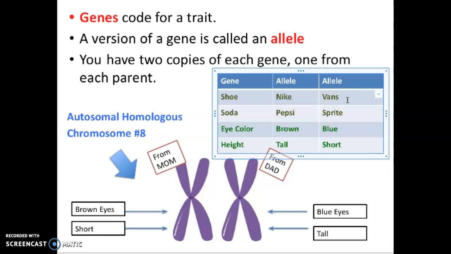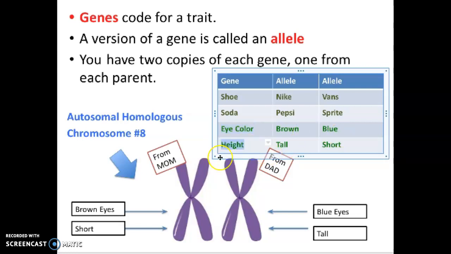They're versions of a shoe. Soda, for example, would be classified as a gene in my analogy, and the alleles would be Pepsi and Sprite. They're versions of soda. So more realistically, eye color in humans would be a gene, and our alleles could be brown or blue.